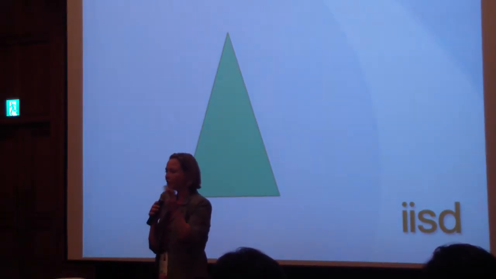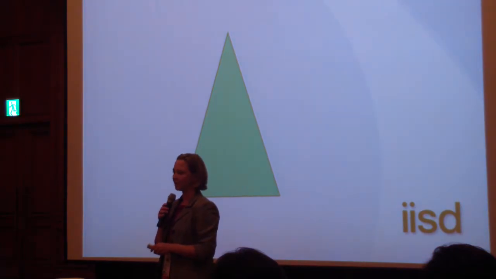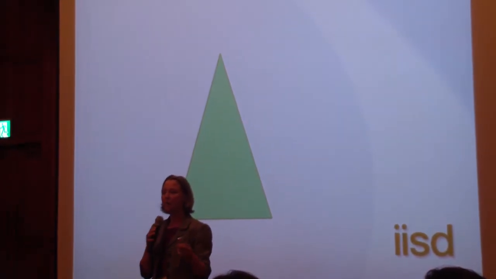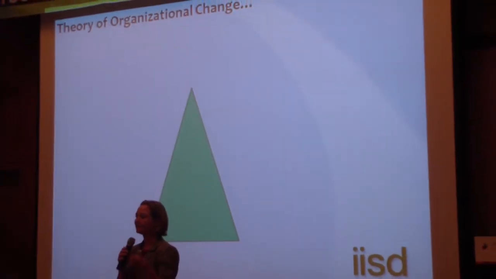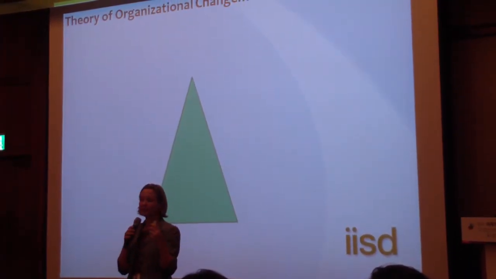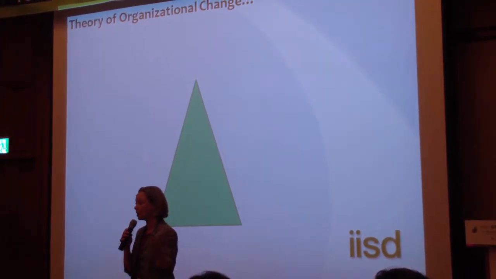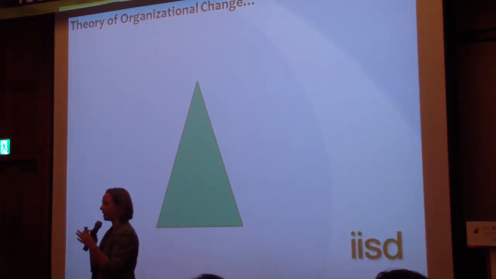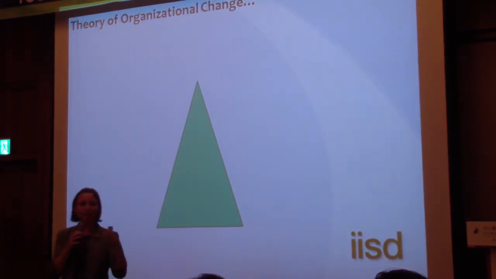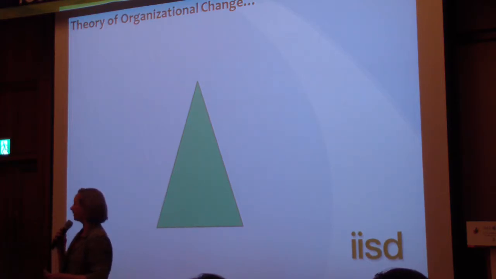So I'm going to give just a few slides about organizational change. This is how an organization changes, and when I say organization, it could mean a university, a business, a company, or a government. So it's any group or organization together.